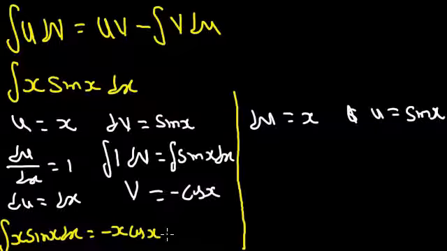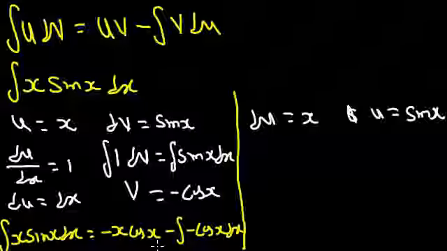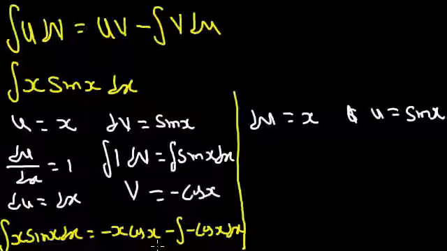Then we have minus the integral of v, negative cosine x, times du, which is dx. This is excellent because integrating negative cosine x is pretty much straightforward. This is what we need. By the time we go to the other one, you will see the difference.